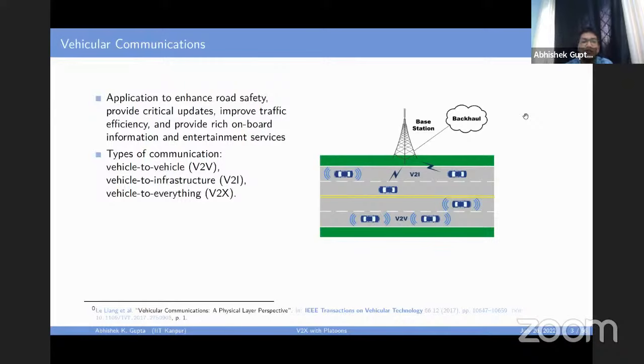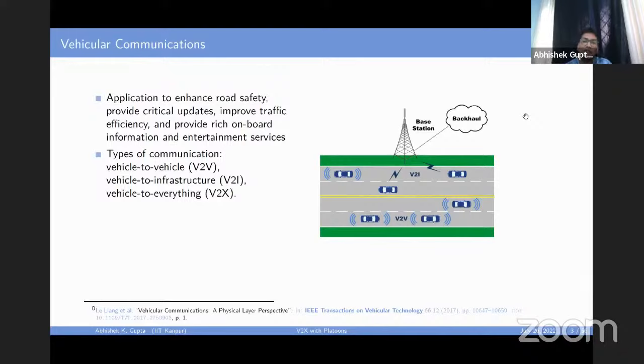And then we can also talk about vehicle to everything, where you can have other devices which we can communicate with. One thing we would like to say is that when we think of vehicle communication, we many times think that the vehicle itself is capable of communication. That is definitely true, but if the vehicle does not have these features, any mobile device present in the vehicle can be used as an end device.